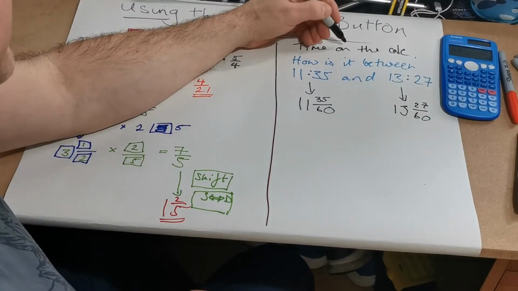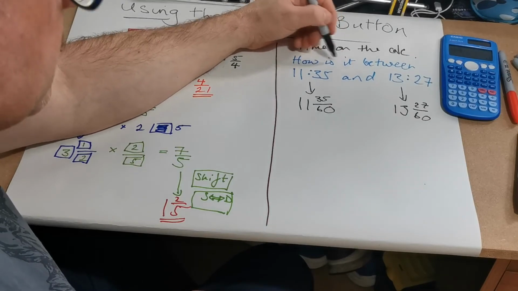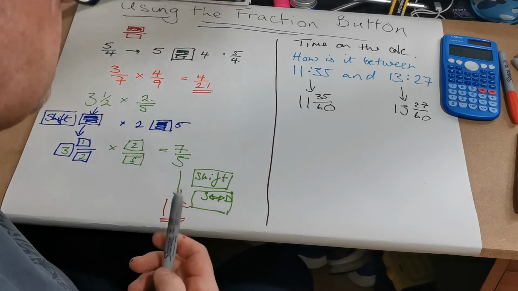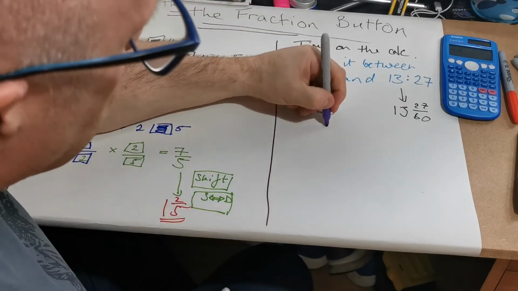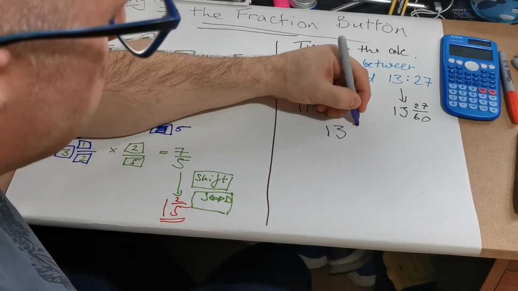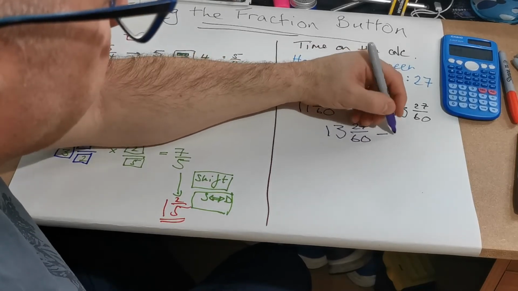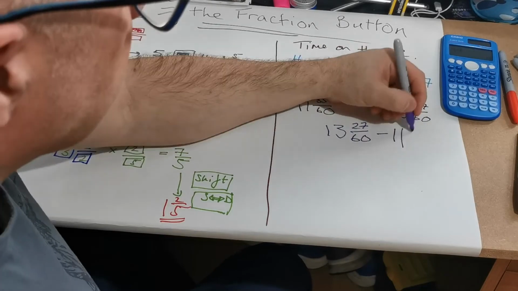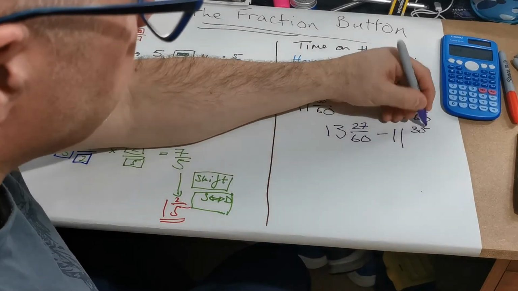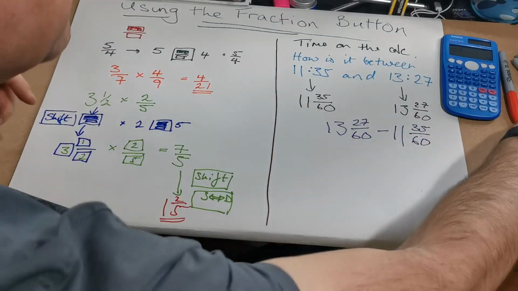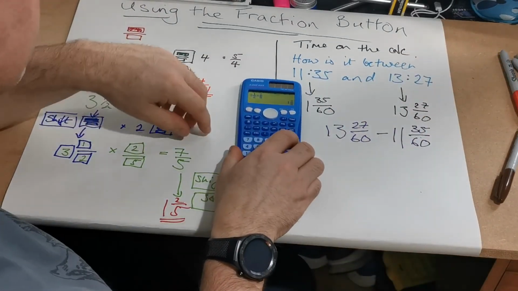So I need to find out how long is it between these two. When I'm finding out how much between, that's going to be a subtraction. So I'm going to put 13 and 27/60ths, so 27 minutes, take away 11 and 35/60ths, that's 35 minutes. Let's put that into my calculator.